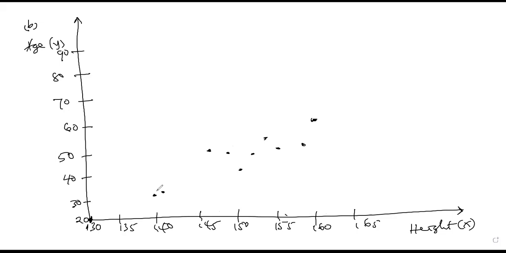Now, ladies and gentlemen listening to me, they say that we plot a scatter diagram for the data and hence we draw the line of best fit. Now, to draw the line of best fit, we've just plotted a scatter diagram, but there is an accurate method of drawing the line of best fit.